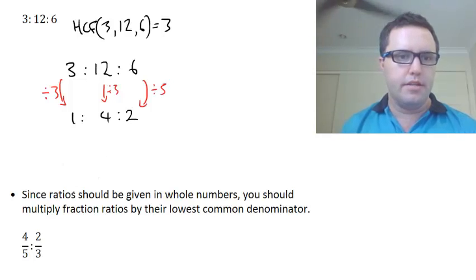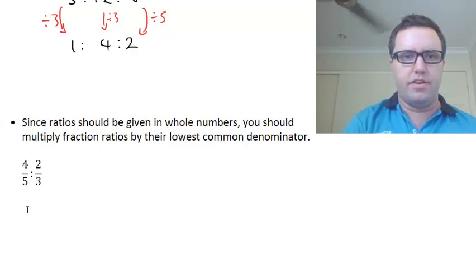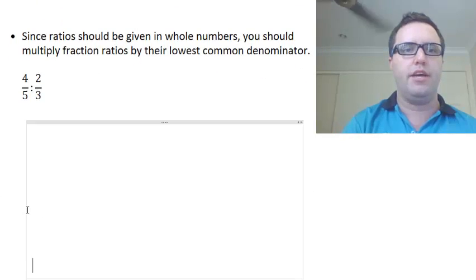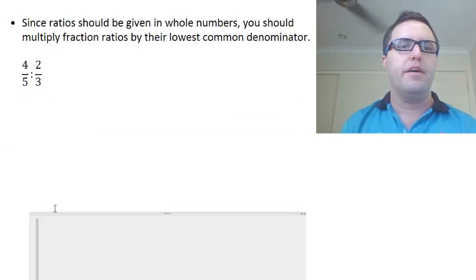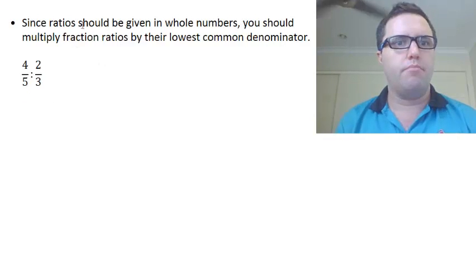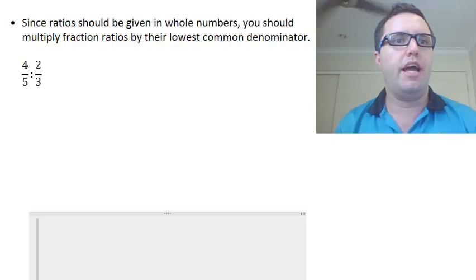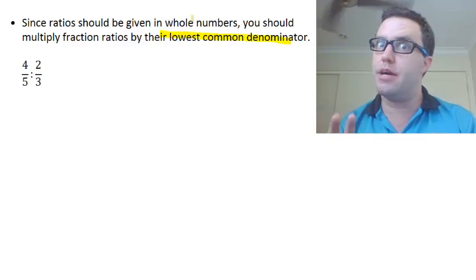Okay, now ideally ratios should be given in whole numbers, because it's just the easier way for you to work things out. And so you should be multiplying our fraction ratios by their lowest common denominator. So again, this is coming out.